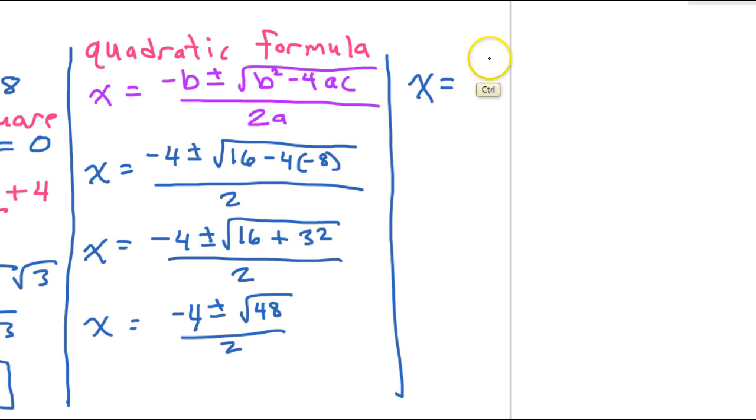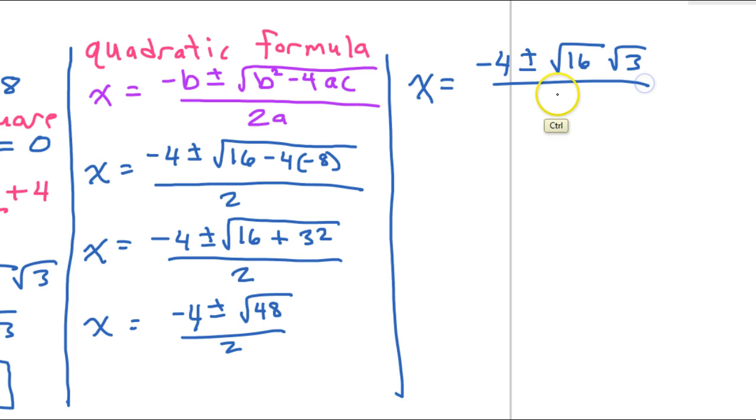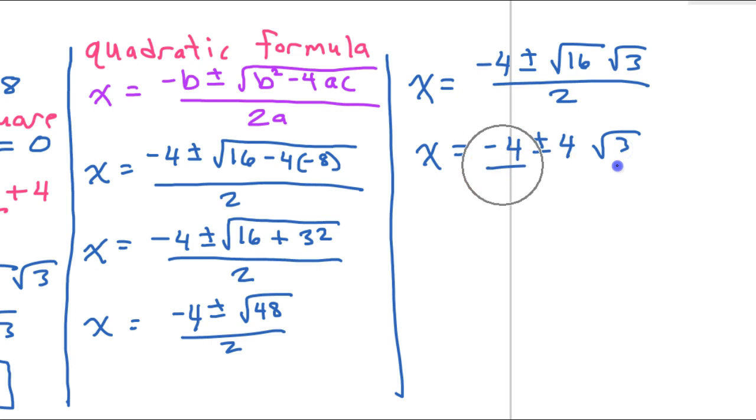Okay, so this is going to give me negative 4 plus or minus. Now, 48 is 16 times 3. So this is the square root of 16 times the square root of 3. And the square root of 16 is 4. So I have x is equal to negative 4 plus or minus 4 radical 3 all over 2.